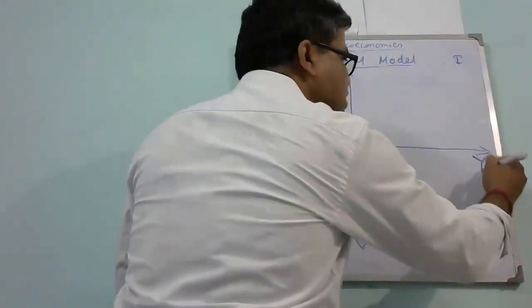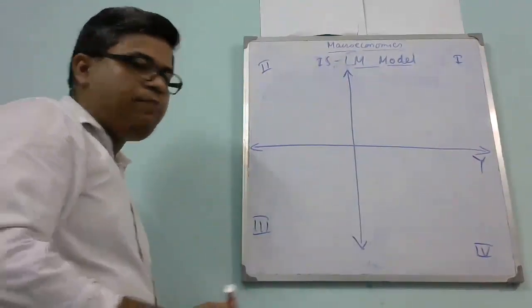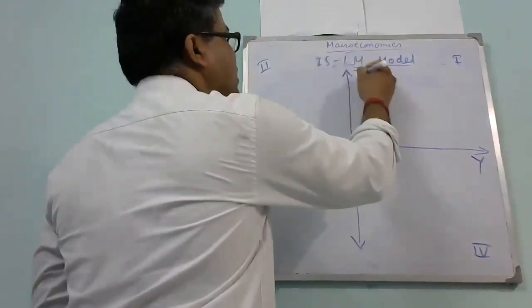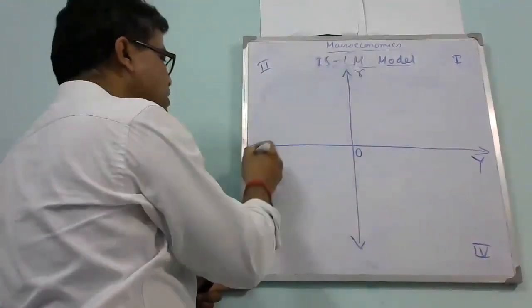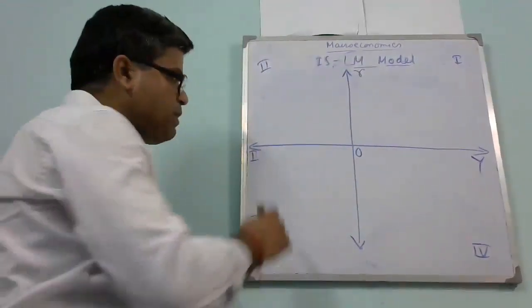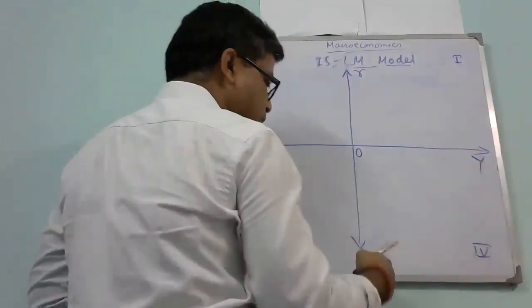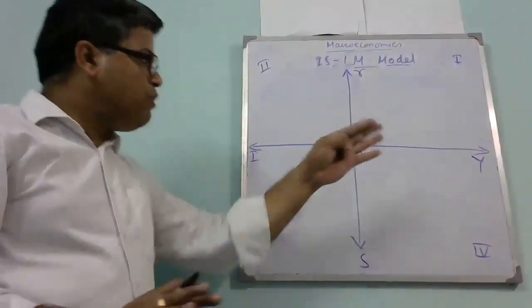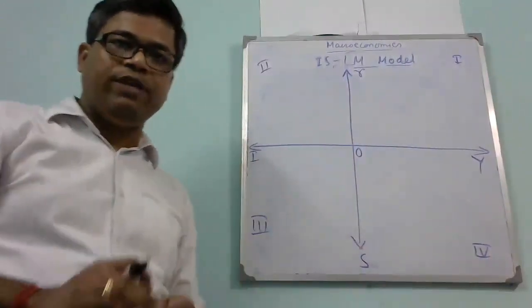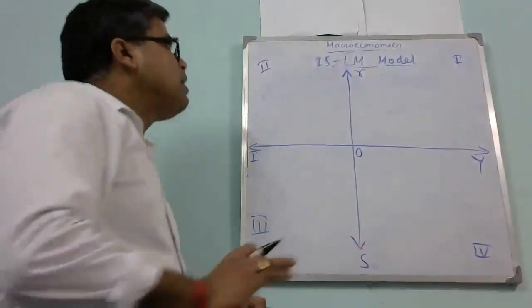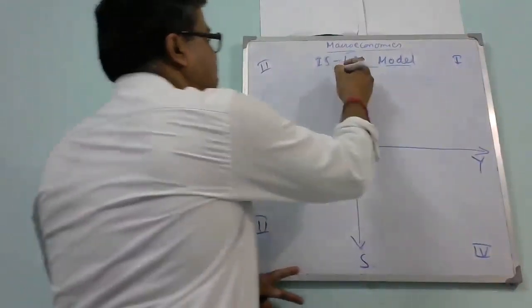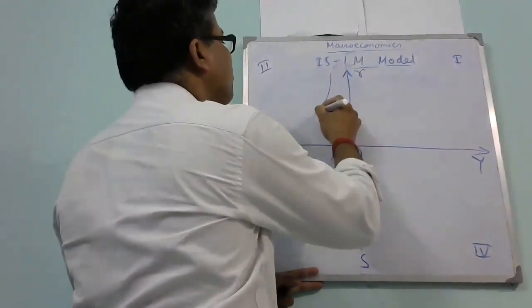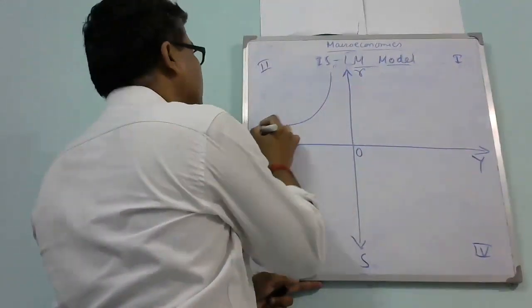Here we are measuring Y, the national income. On this axis, we will be measuring the rate of interest. Rate of interest is related with investment, so here investment, and savings is related with income, so here the savings. So in the 4 axes, we are measuring 4 different things. Clear?